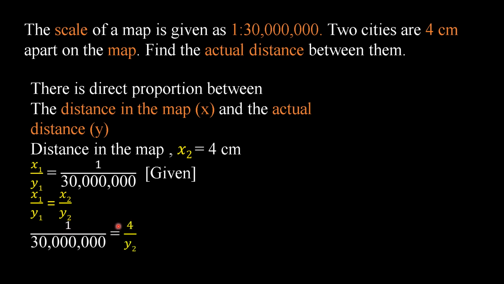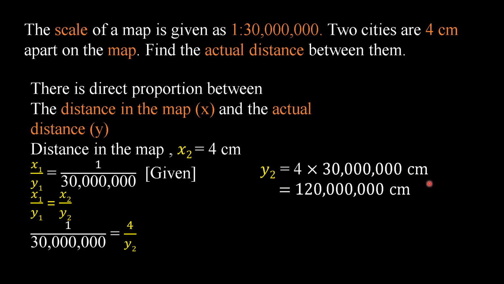We will substitute the values. For x1 divided by y1, we write 1 divided by 30 000 000 equals x2 is 4 centimeter. So for x2, we will put 4 divided by y2. We get y2 equals 4 multiplied by 30 000 000 centimeters, which will be 120 000 000 centimeter.